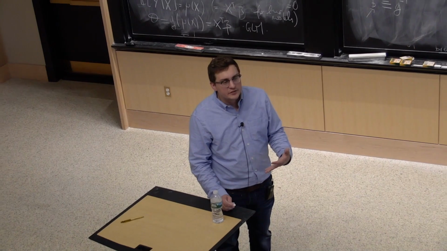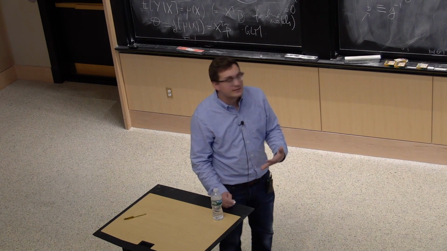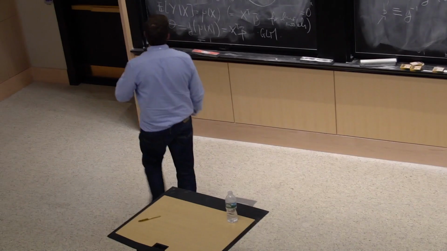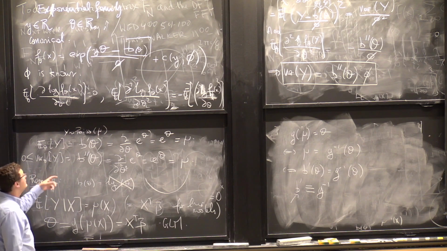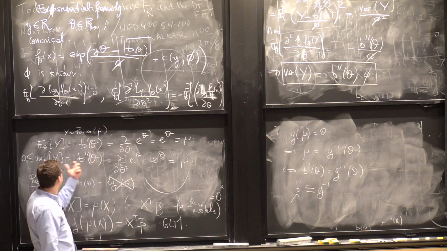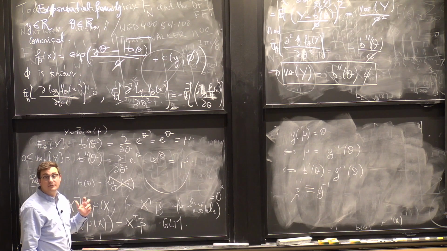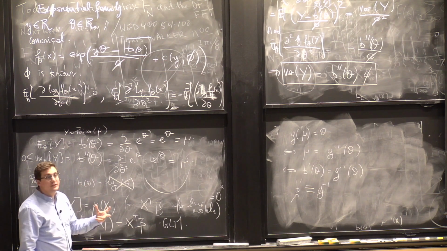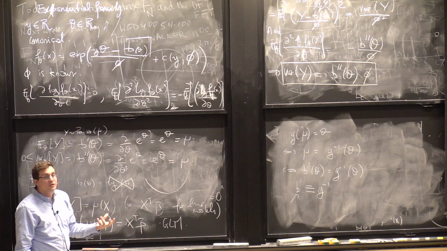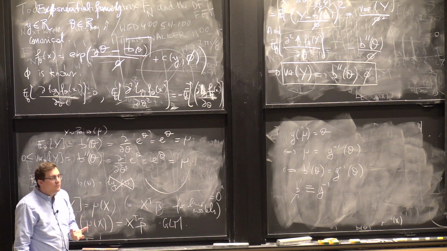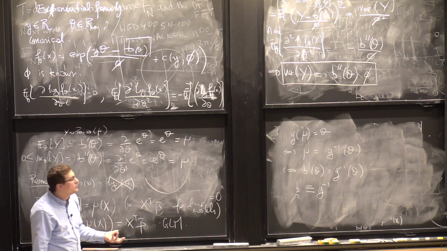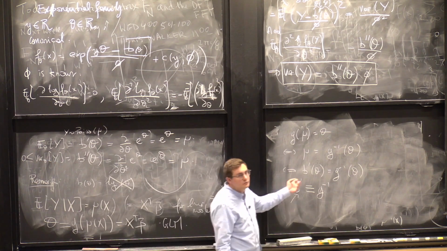A strictly convex function has a second derivative that's strictly positive. We just figured it out using the fact that the variance was strictly positive, and if phi is strictly positive, then this thing has to be strictly positive. So B prime prime is strictly positive, and this is the derivative of the function B prime. If your derivative is strictly positive, you are strictly increasing. And so we know that B prime is indeed strictly increasing.